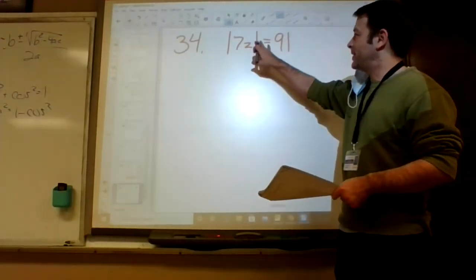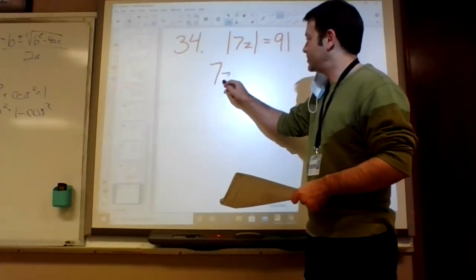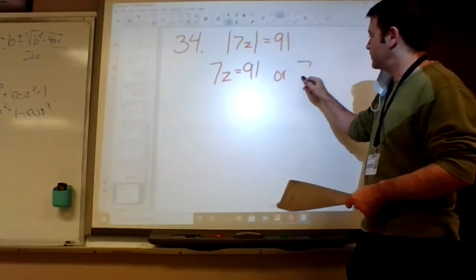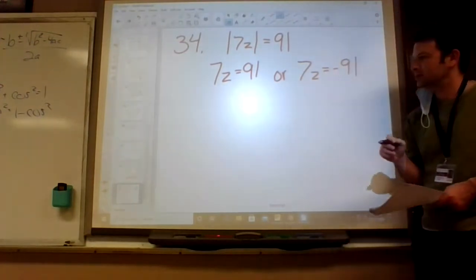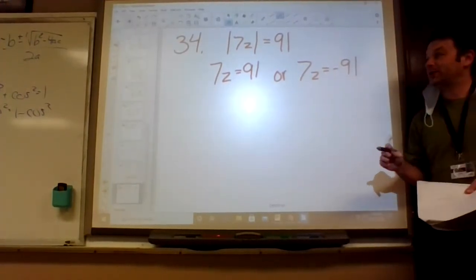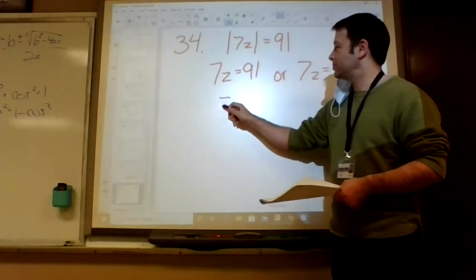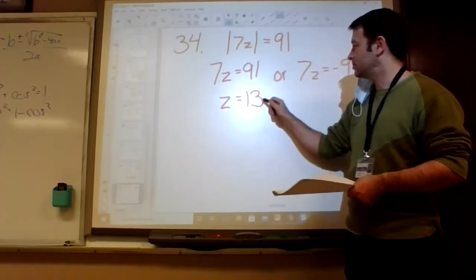If you have absolute value equals 91, what does that mean? That means 7z might actually equal 91, or 7z might actually equal -91. So you're going to get 2 answers for all these. Divide by 7, what's that come out to? 13.